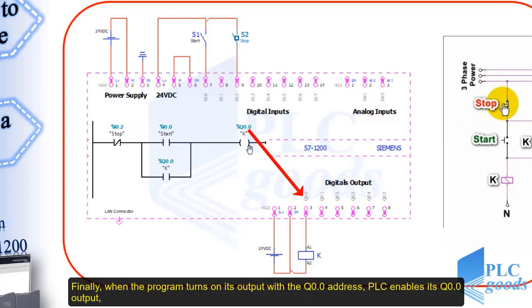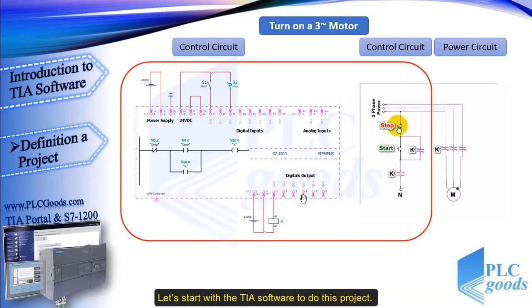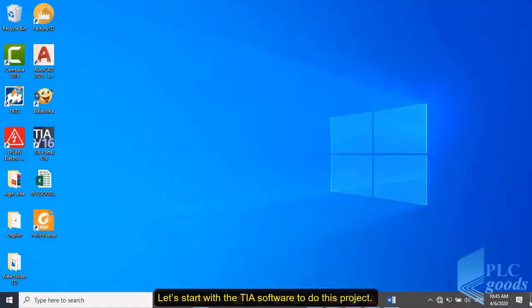Finally, when the program turns on its output with the Q0.0 address, the PLC enables its Q0.0 output. Then the 24 volt DC can reach the K contactor, which turns the three-phase motor on. Let's start with the TIA software to do this project.